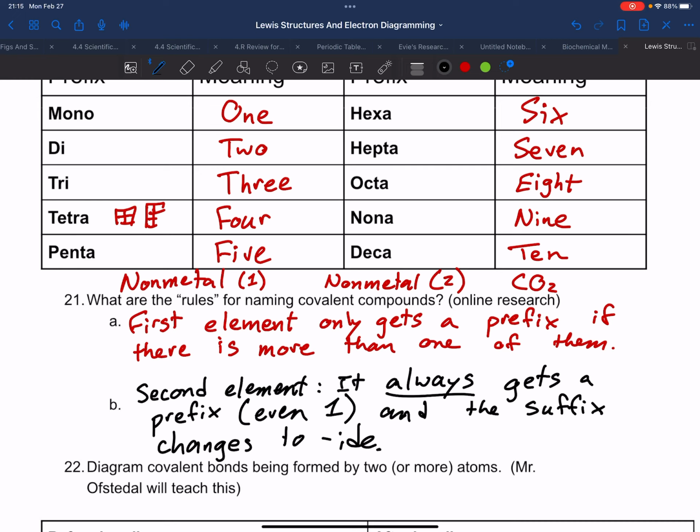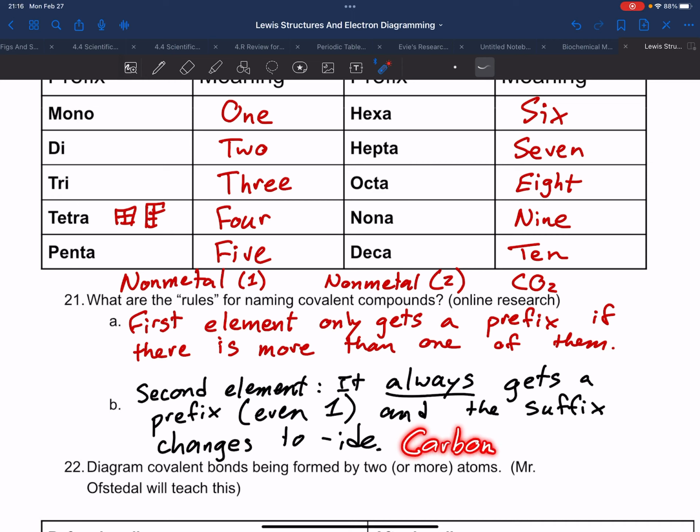For covalent, however, if there is more than one of the first element, we do use a prefix, right? One of these mono, di, tri, tetra, penta, hexa, hepta, octa, nona, or deca, but only if there's more than one, and even then we don't change the ending. So again, using our CO2 as an example, C is the first and it's just carbon.